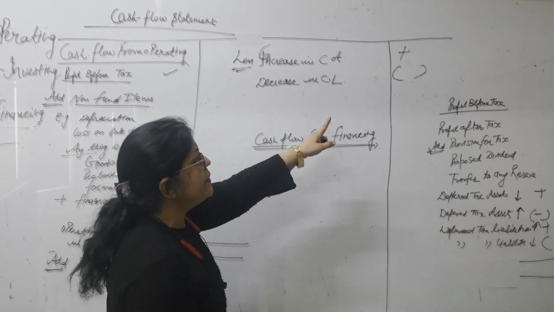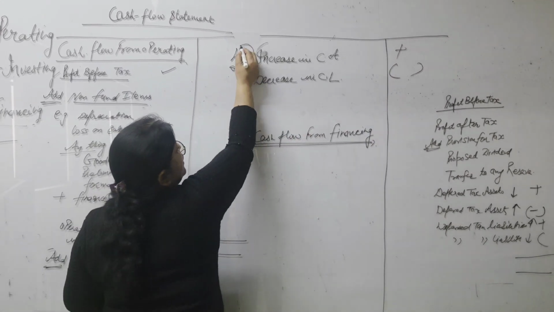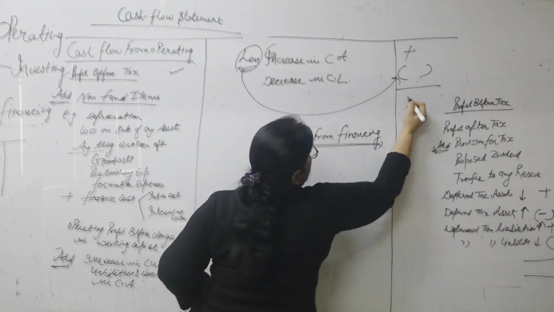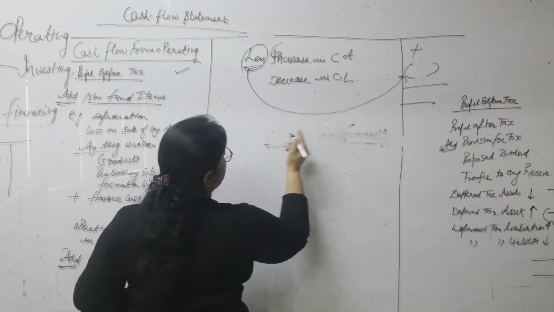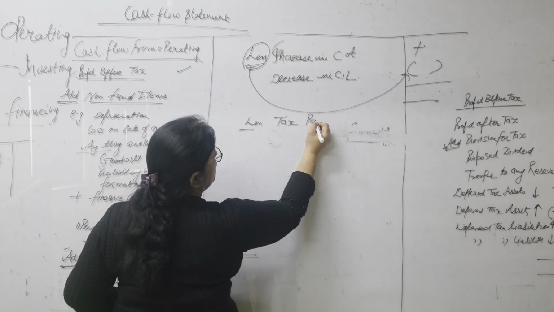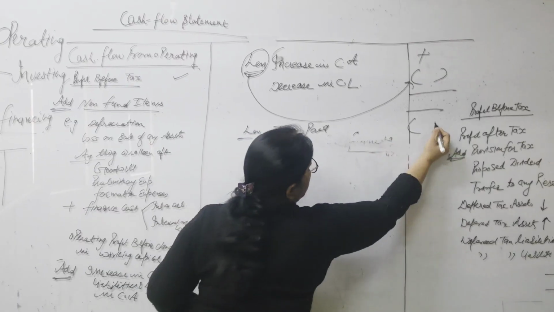Brackets will represent the sign of minus, less tax paid.